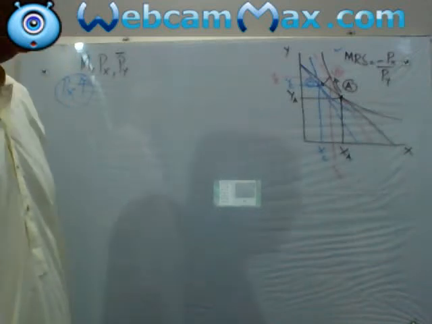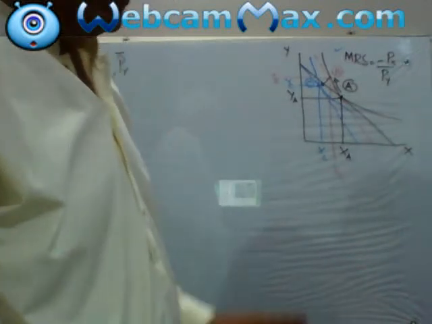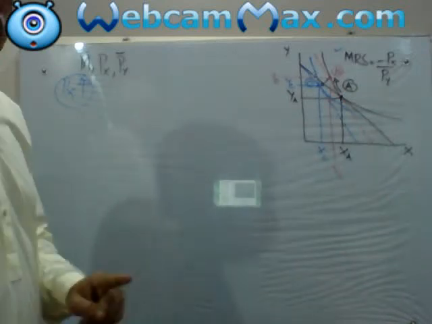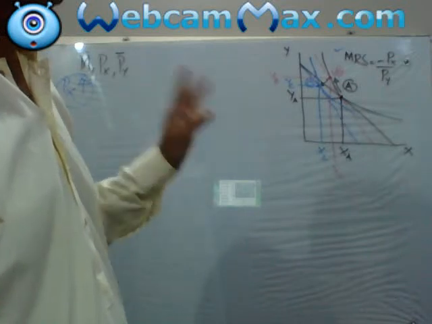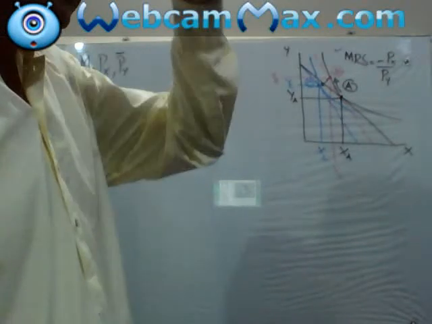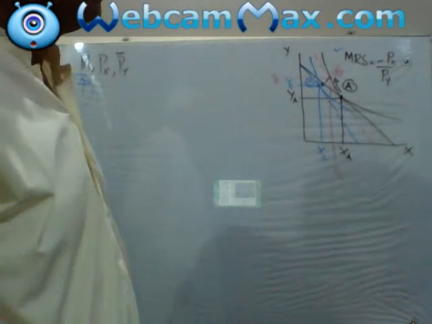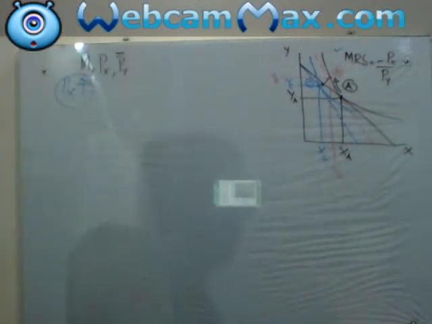So B to C is the income effect, when the consumer moves across the indifference curve due to changes in real income while the price ratio is constant. And the total effect is the sum of these two, which is known as the price effect.